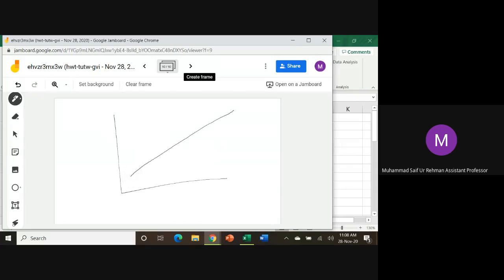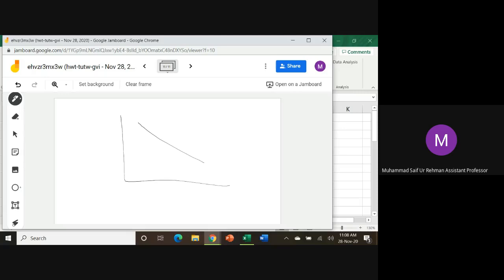It may be positively sloped, it may be negatively sloped. If you want the estimators to be BLUE, best linear unbiased estimators, this property should hold: the relationship between the independent variables and the dependent variable is linear.